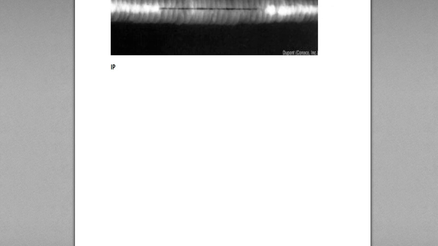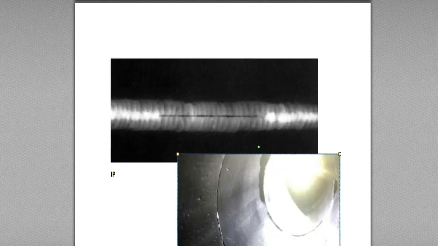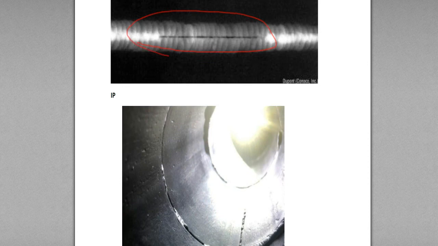Oh. This IP looks like this in the actual pipe specimen. Here is a back bit. You can see the back bit, but here you're not able to see the back bit. And again, here no back bit, here no back bit.